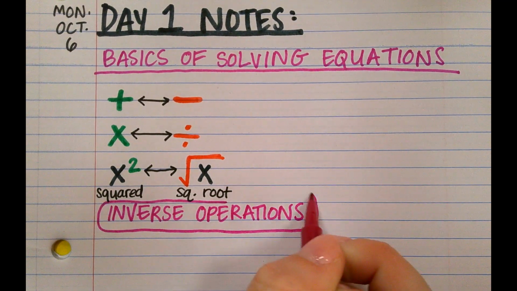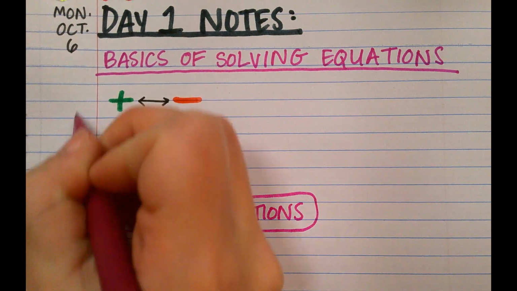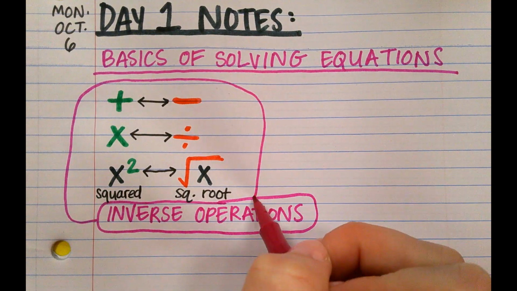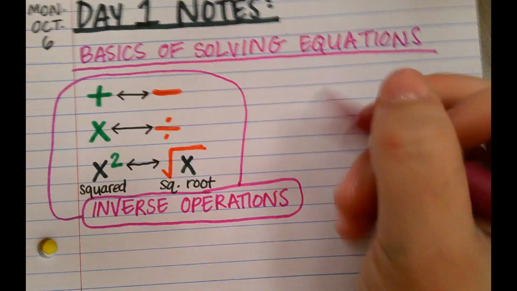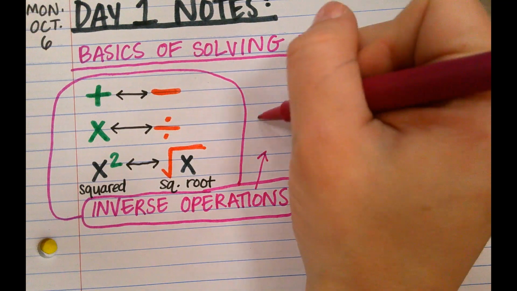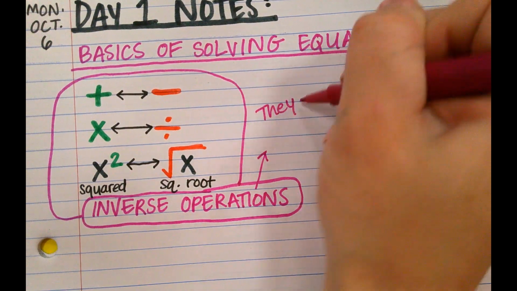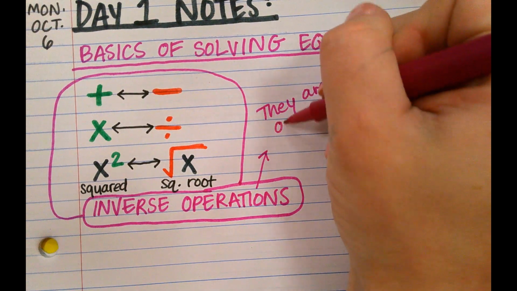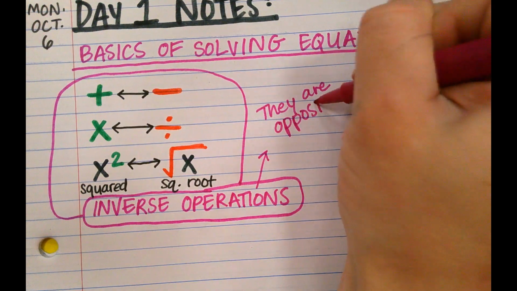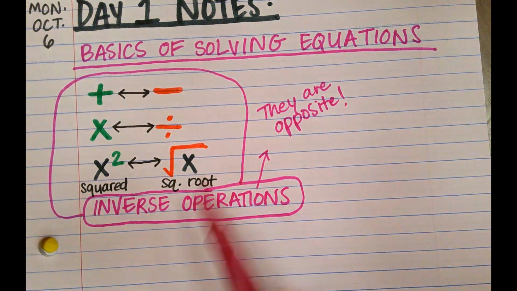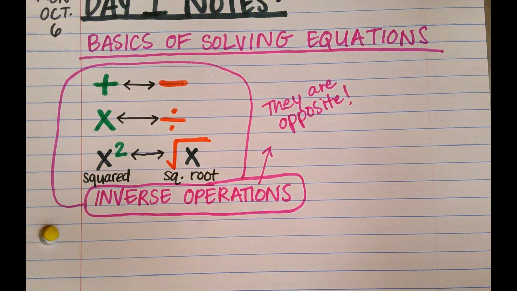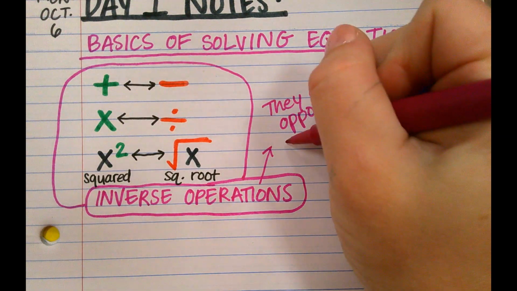That's exactly what all of these are. And so I'm going to circle this as a group. Inverse operations. They are opposite. And when we use inverse operations in an equation, this is what we're using to, quote unquote, cancel things out, if that sounds more familiar.